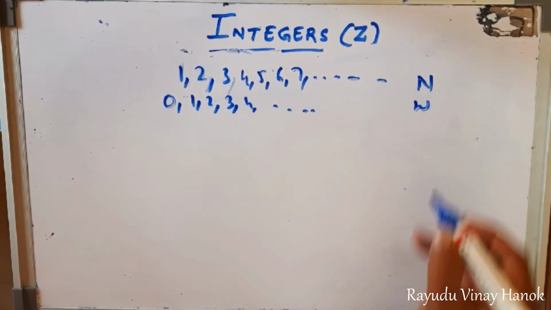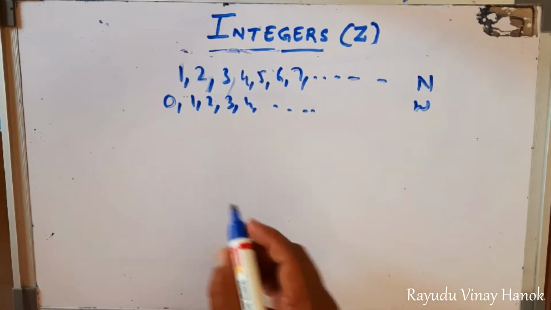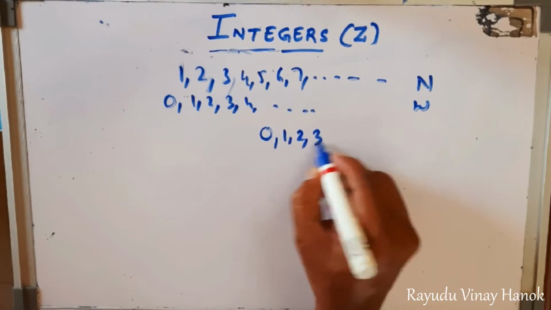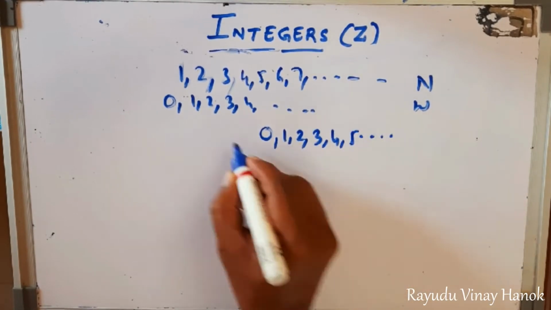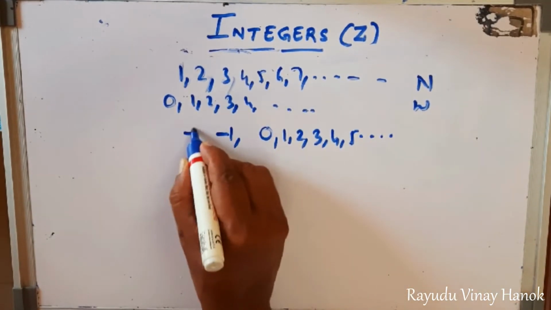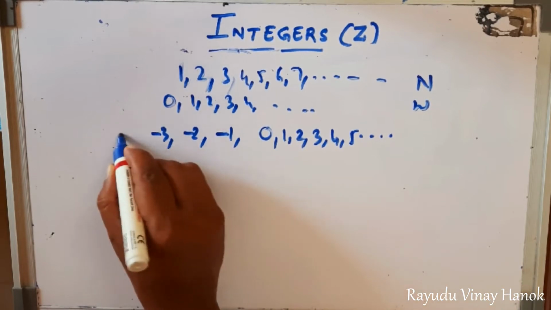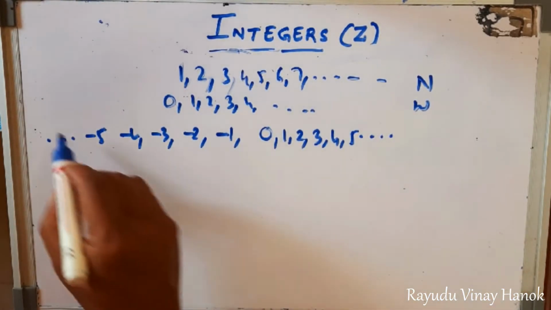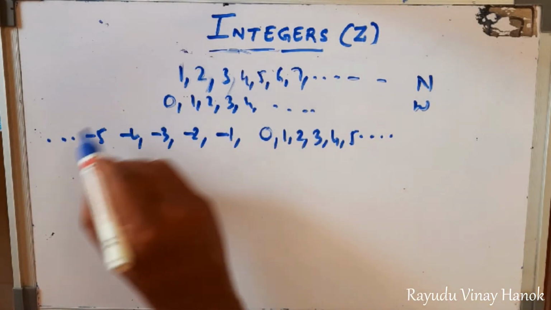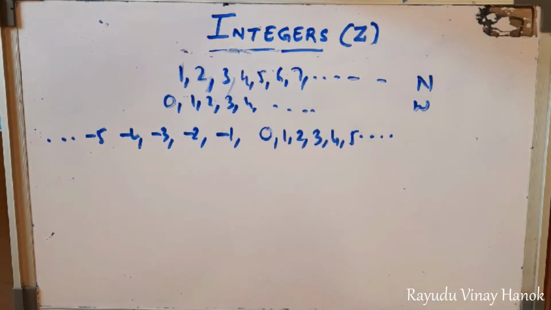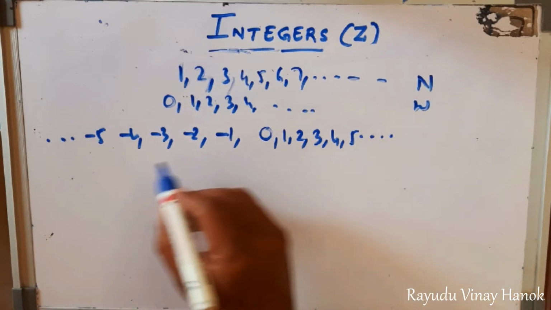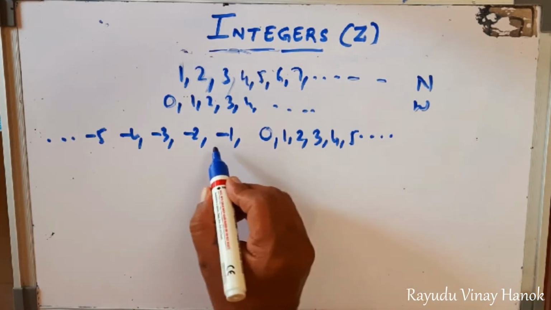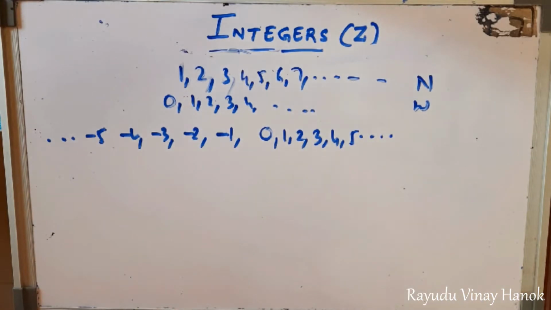Then we have introduced new numbers along with these, all these numbers 0, 1, 2, 3, 4, 5 and so on, and minus 1, minus 2, minus 3, minus 4, minus 5 like this. So all this list of numbers are called integers.